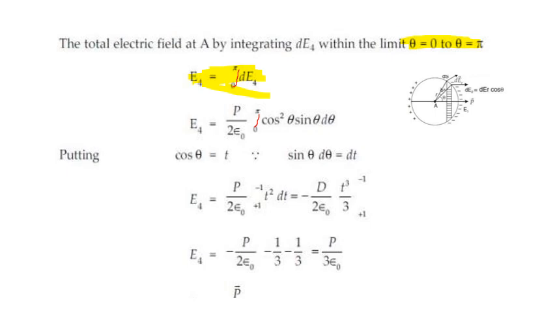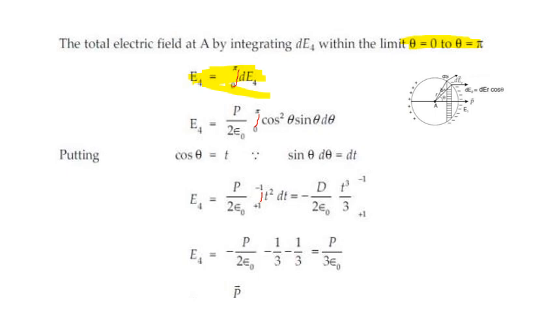E4 can be written as P upon 2 epsilon 0 times the integral from minus 1 to plus 1 of t square dt. Actually, these limits have been converted: as we change cos theta to t, we change the limits also. Then P upon 2 epsilon 0 times t cube by 3.